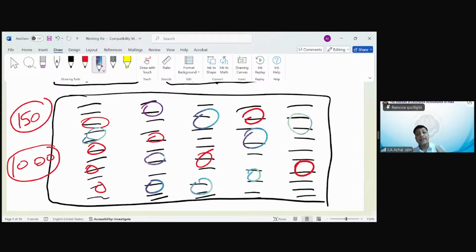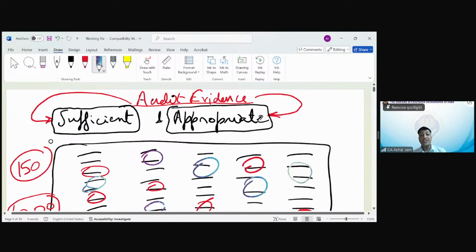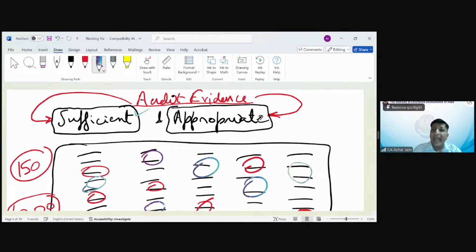So a lot of criteria can be considered, but herein the point is not only about checking a certain number of samples, but also ensuring that those samples which the auditor picks up are appropriate. So that is also qualitative. Once the auditor does both these things, that is when you say that it's sufficient as well as appropriate. And only when sufficiency and appropriateness are ensured.